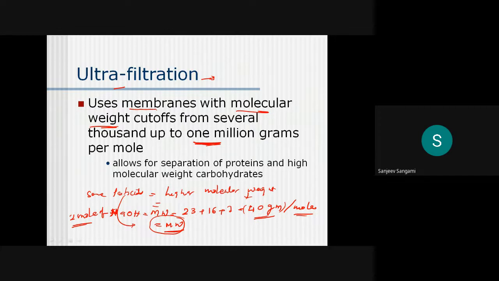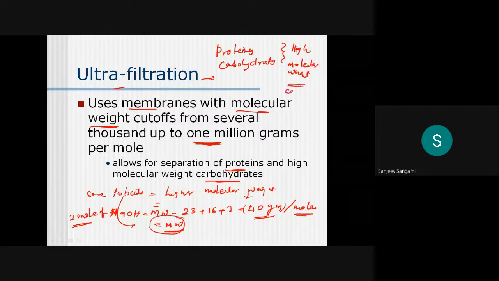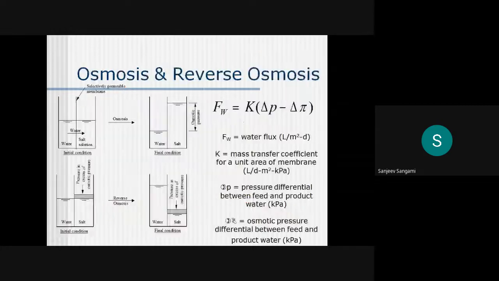So it allows the separation of even proteins and high molecular weight carbohydrates. Most of the proteins and carbohydrates are all high molecular weight compounds, so that can be removed in this ultrafiltration unit.